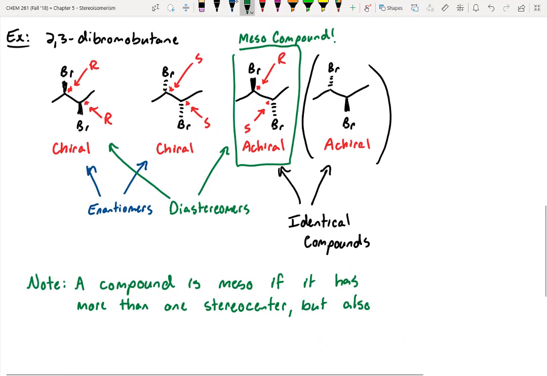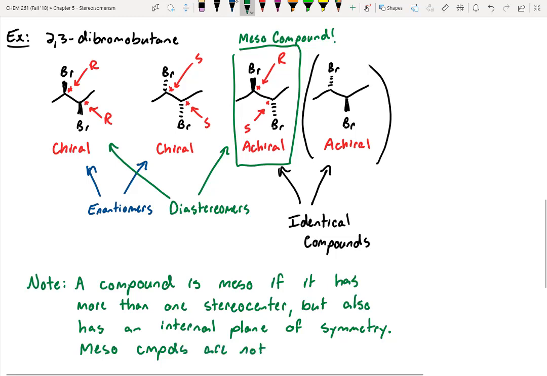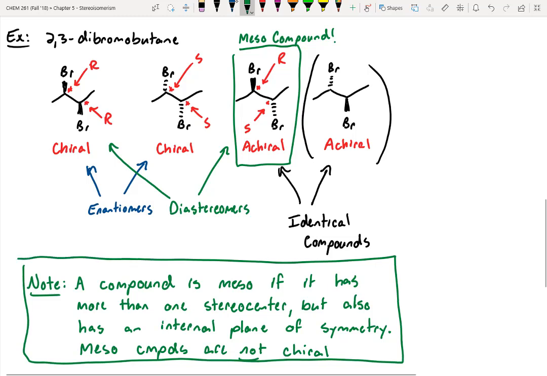Let me zoom out a bit. It's also important to remember that meso compounds must be achiral due to that internal plane of symmetry. So they're kind of the weird oddball stereoisomer examples where they aren't chiral even though they have stereocenters. Does that make sense? All right.